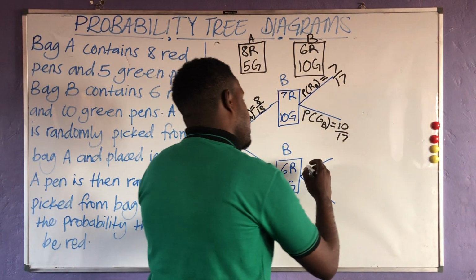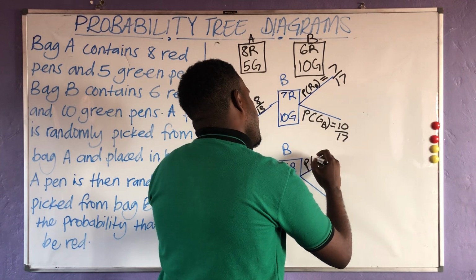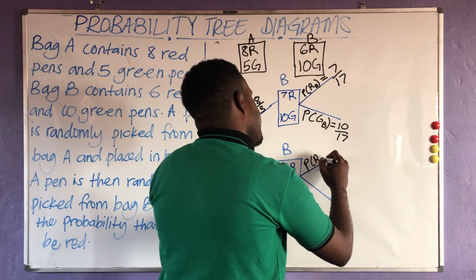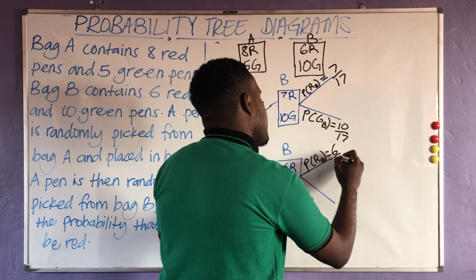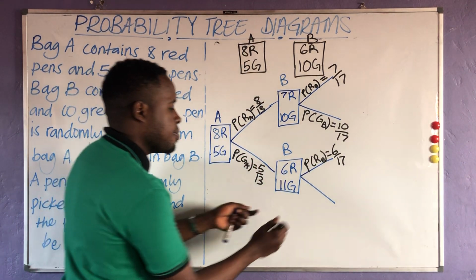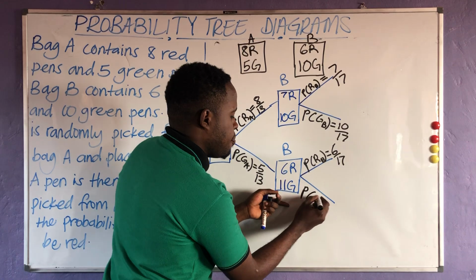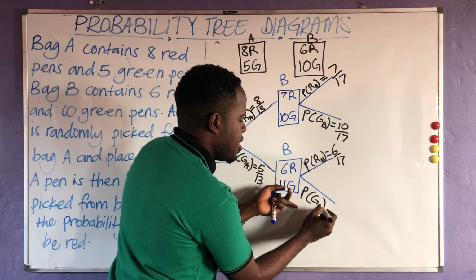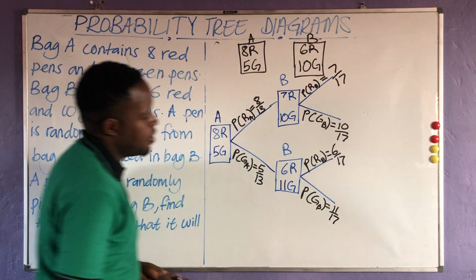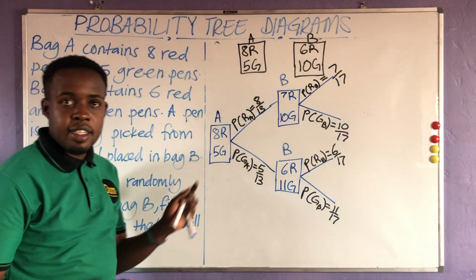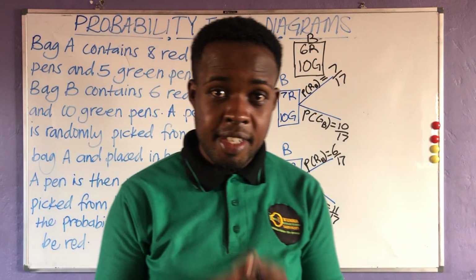So this one here is also going to be the probability of picking a red from bag B. This one is going to be 6, still out of 17. Then the probability of picking a green pen from bag B, this one is still going to be 11 over 17. So friends, that is our beautiful tree diagram.